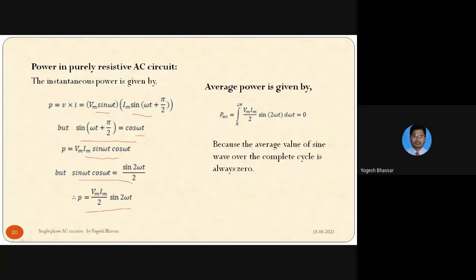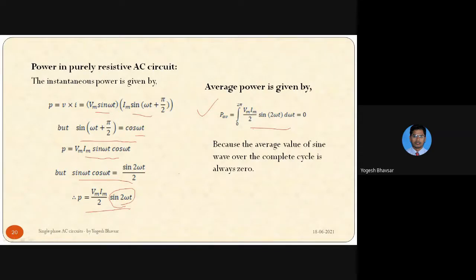So this is the instantaneous power, Vm Im by 2 sine 2 omega t. Then the average power again will be 0 because of sine 2 omega t. This fluctuating quantity is present in the equation itself, so the average over the complete cycle becomes 0.